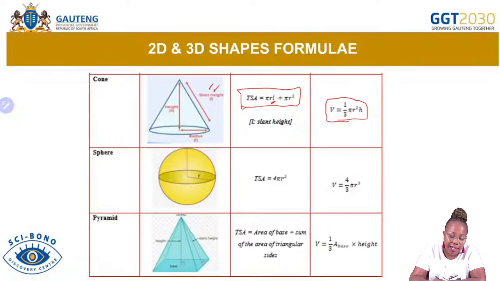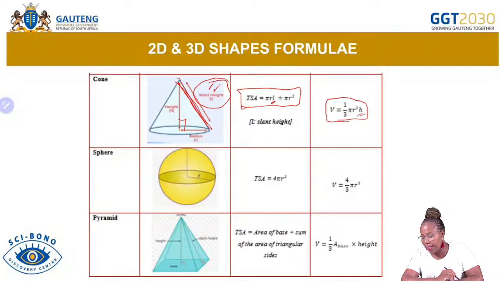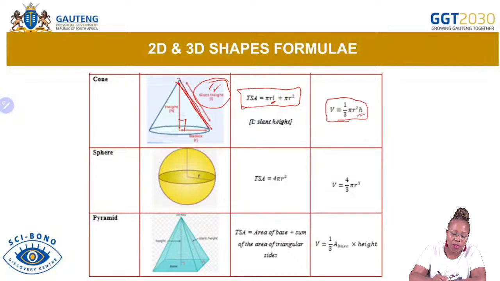This height here, h, is the perpendicular height, which you use when you calculate the volume. But when you calculate the total surface area, we are referring to the slant height, which is this height of the cone. The slant height is the one that we use for total surface area. For the volume, we use the perpendicular height of the cone. Do not mix the two, grade 12. You must be careful when you are calculating them.